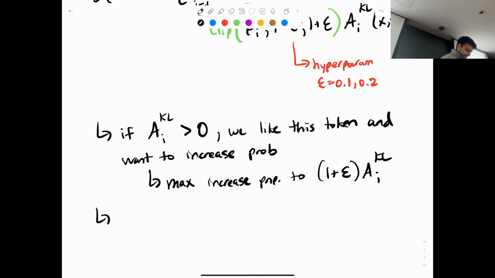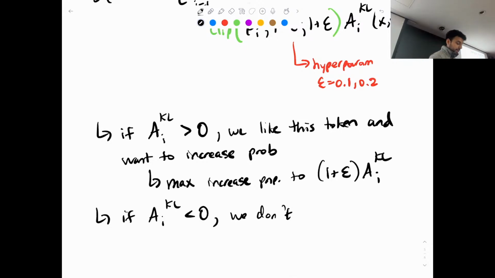And similarly, if this quantity is less than 0, we don't like the token. It was part of a low reward response, like a worse than usual response. So we want to decrease its probability, and here it's going to be capped by 1 minus epsilon times this.